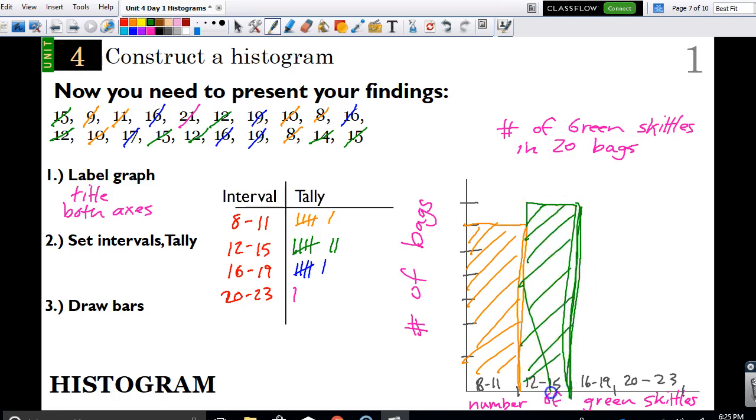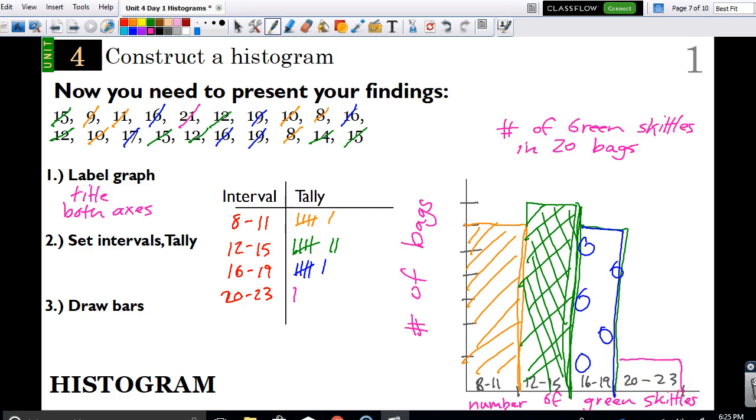Since you don't have color, you might need different patterns. The next interval looks like I had 6 again. I wanted this to be blue, actually. Maybe I'm going to use dots instead of stripes. And finally, the very last group had only 1.